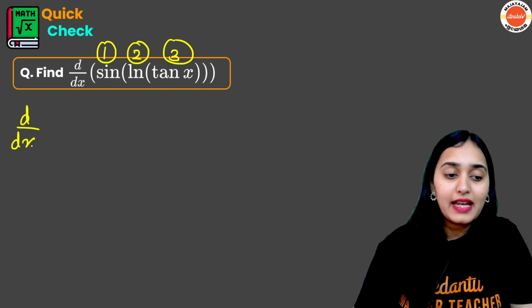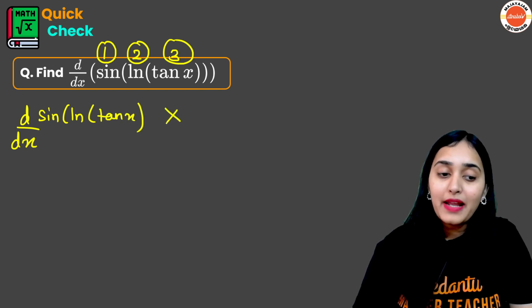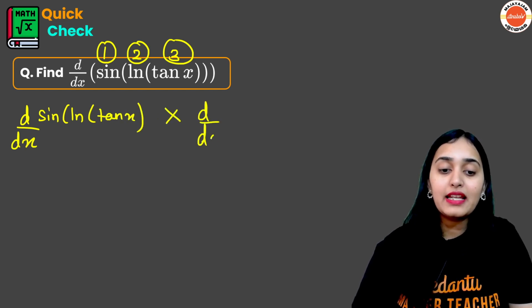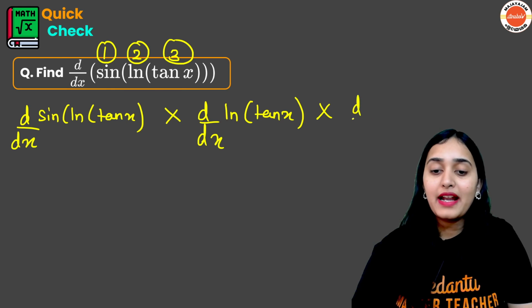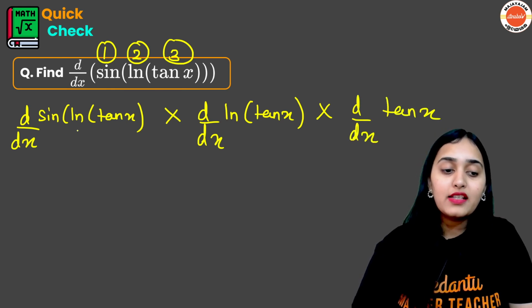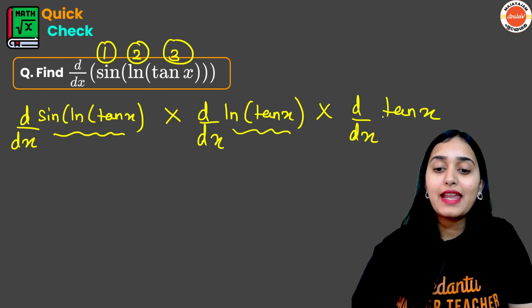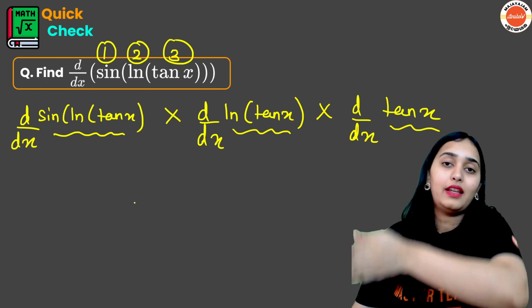D by dx, differentiating sine of log of tan x multiplied by differentiating log of tan x, then multiplied by differentiating tan x. So first you are differentiating sine, then log of tan x, then tan x. So 1, 2, 3 like that.